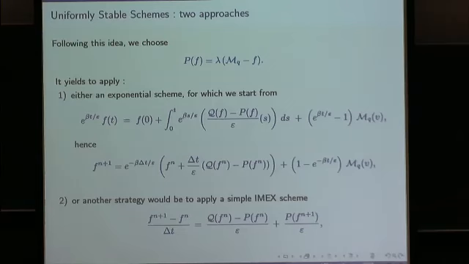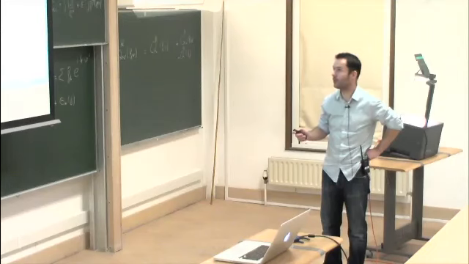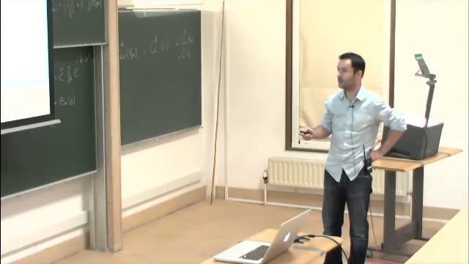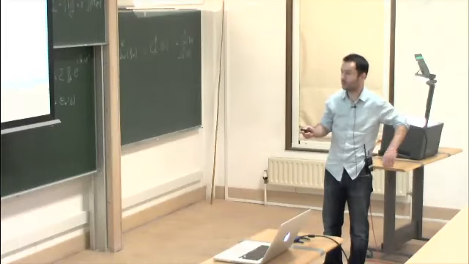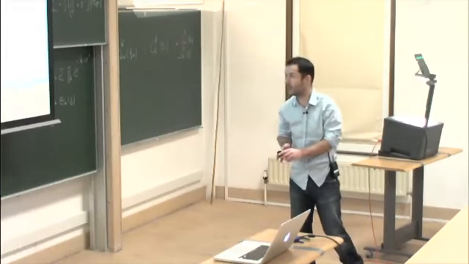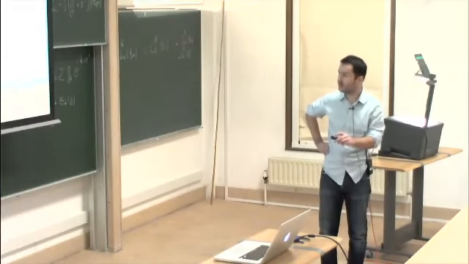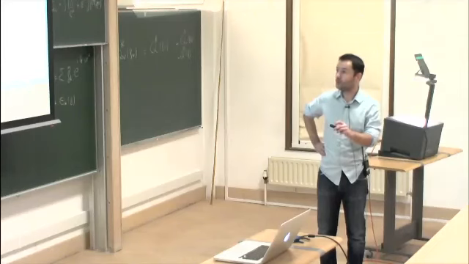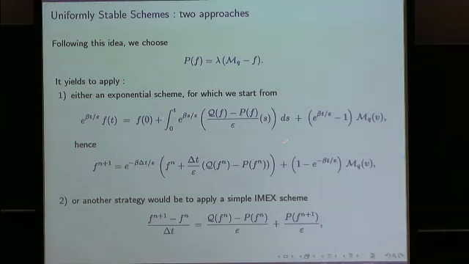In that case, using the Duhamel formula, you can write the solution of the initial problem in that way, and then to apply a numerical scheme you have to discretize this integral, and you can do this using an explicit scheme, since this part here is non-dissipative.